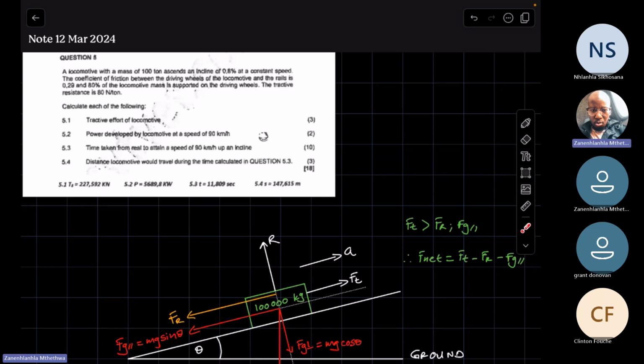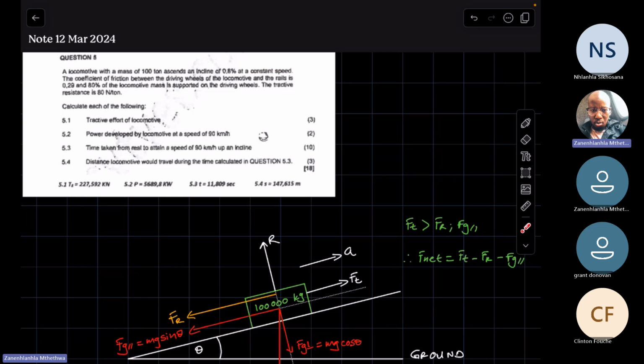Now, unlike in N3, where if they mention that the object is moving at constant speed, then you assume that it is moving at constant speed for all the questions based on the problem, at this level, some of the questions can suggest that the object is now accelerating.